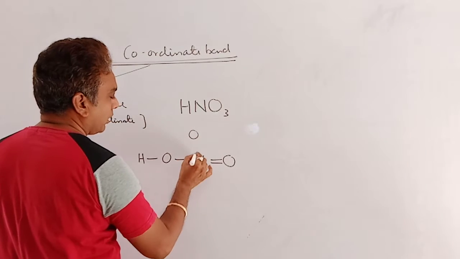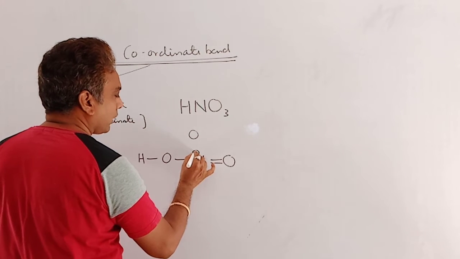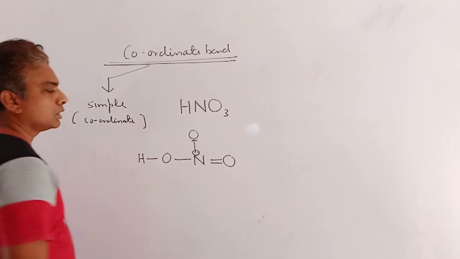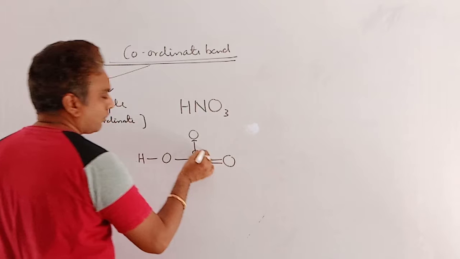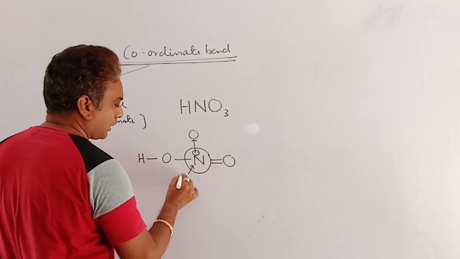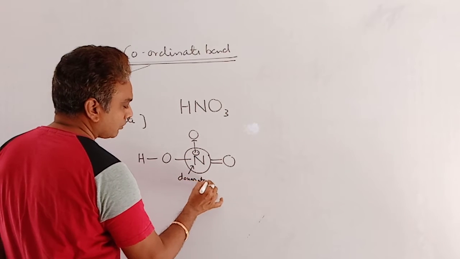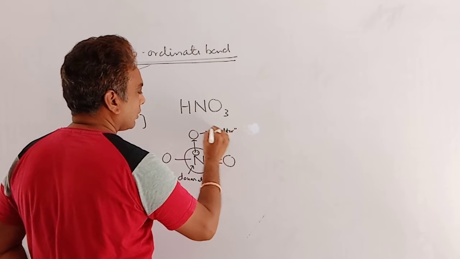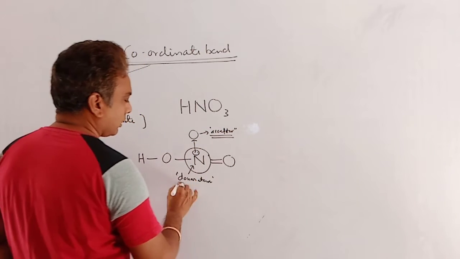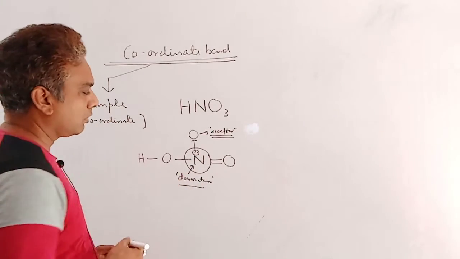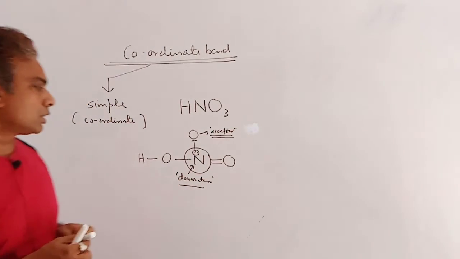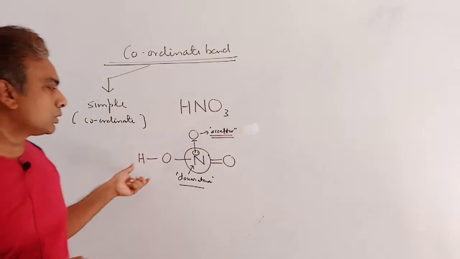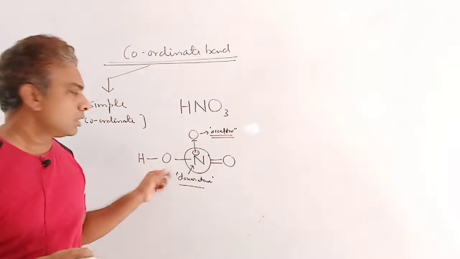Now to complete the octet of oxygen, the lone pair of nitrogen is donated to oxygen. In this case nitrogen acts as the donor atom and oxygen acts as the acceptor, and this bond is known as coordinate. Once again, according to its dot structure, after sharing of H, O, N and O, all atoms have a full octet.